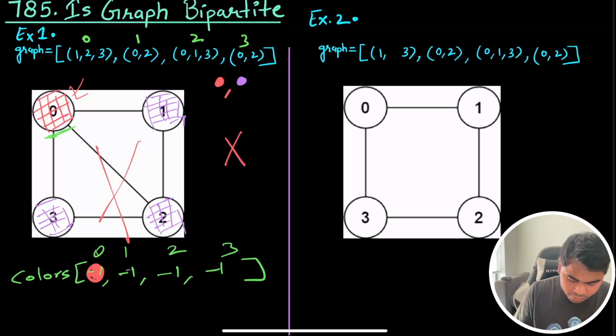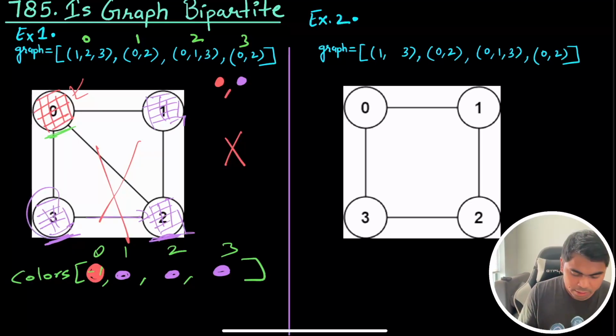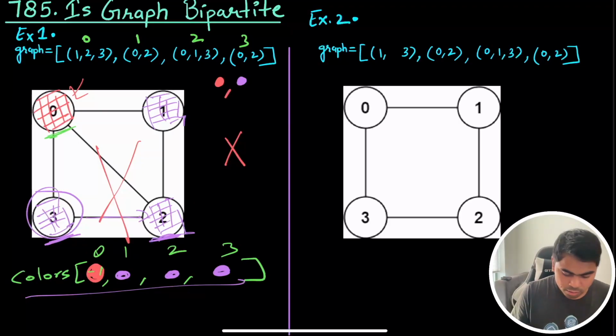So I assign violet here, then here, and then I assign violet to 3 as well. But when I start visiting 3, I see that its neighbor 2 is already visited and its color is the same as the color of 3. So that is why I will return false from there.